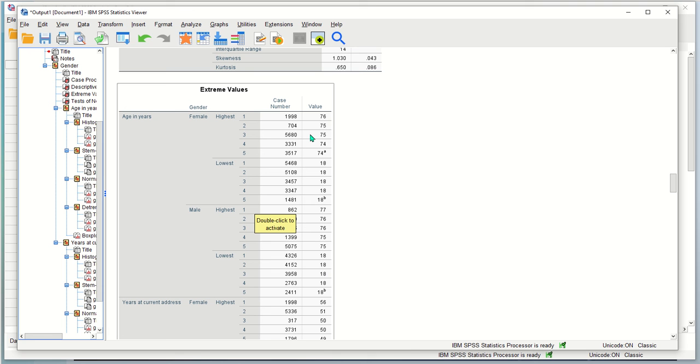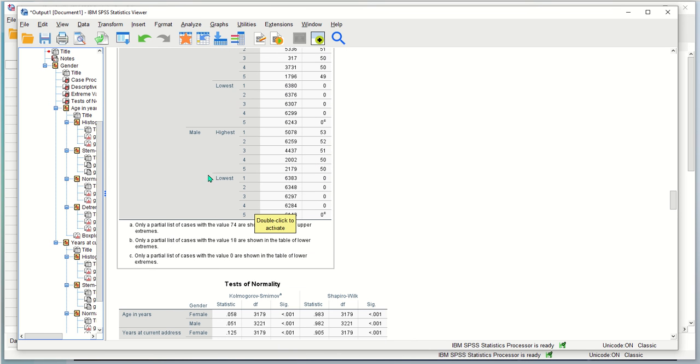Now, since we asked for extreme scores, it's showing you what the highest 5 scores are for females and the lowest 5 scores for females, and likewise for males. And when you see the little A's, the little letters next to it, it means there's more than 5 cases at this score. There's more than 74.